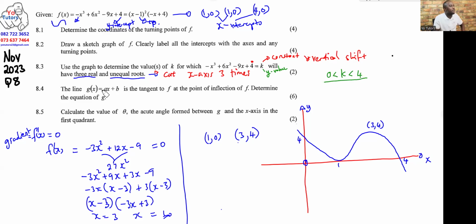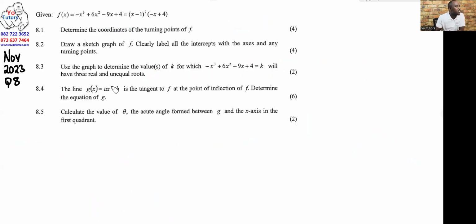The line g of x equals ax plus b is a tangent of f at a point of inflection of f. Determine the equation of g. Now, let's try it on a fresh page. This is a linear function. So what do you need to get the equation?